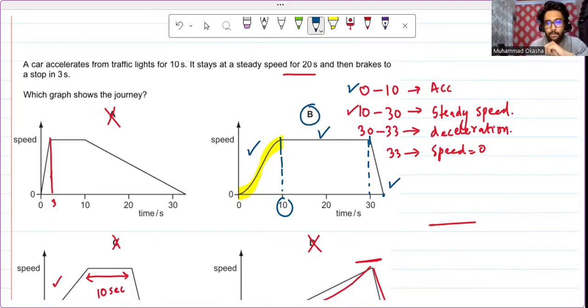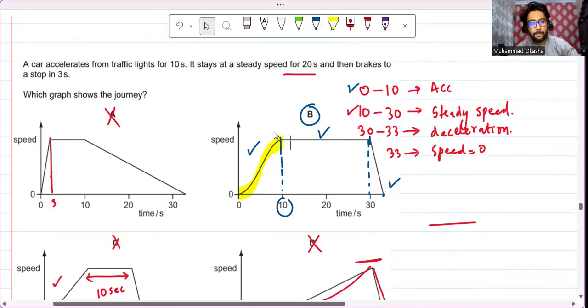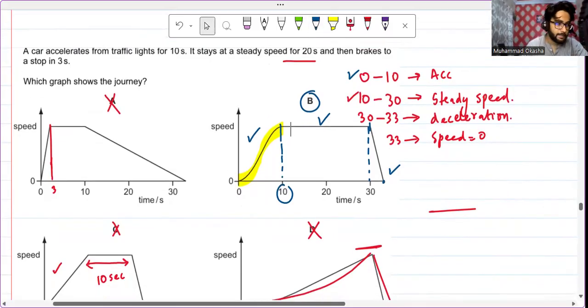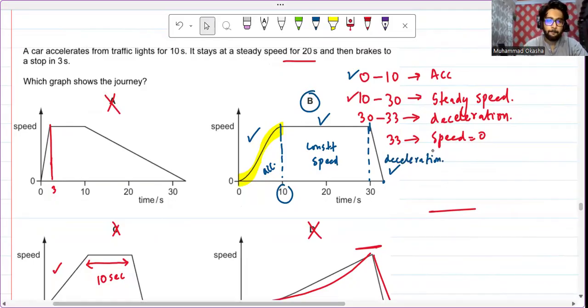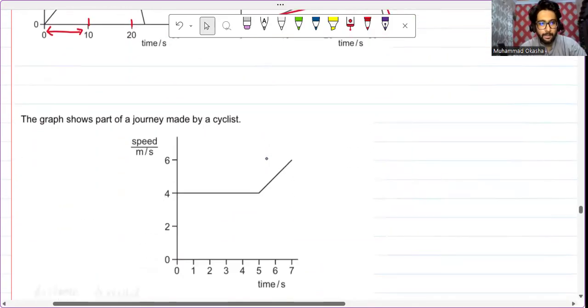So all of these options are correct, and hence option B is correct. Okay, this is acceleration, constant speed, and deceleration. Hence option B would be correct.